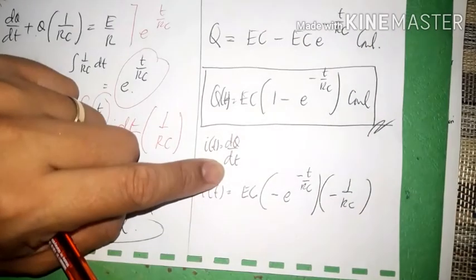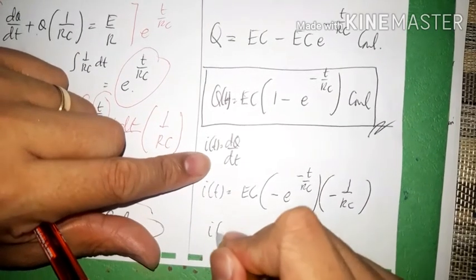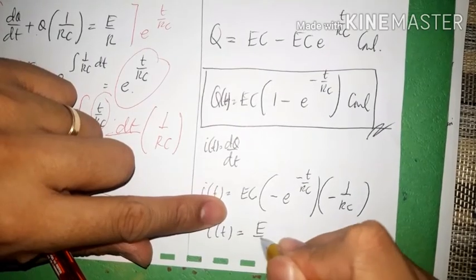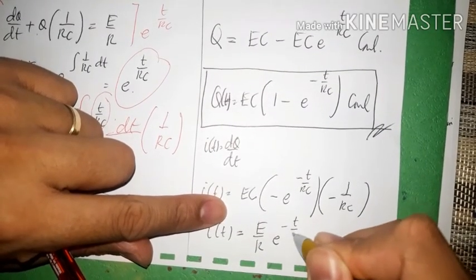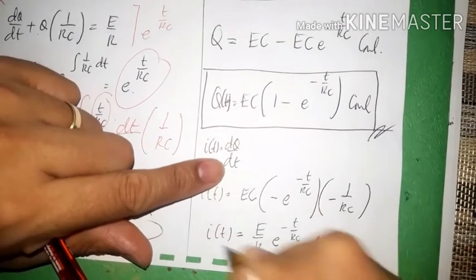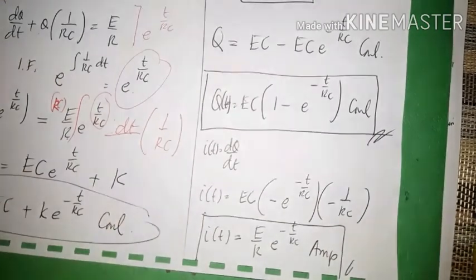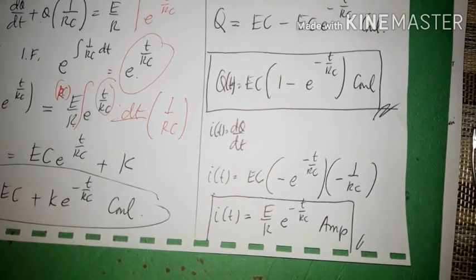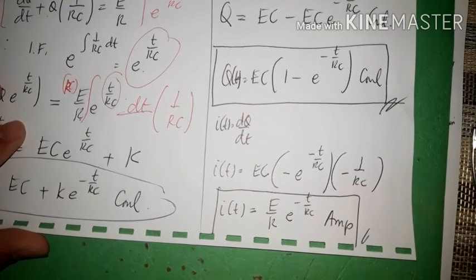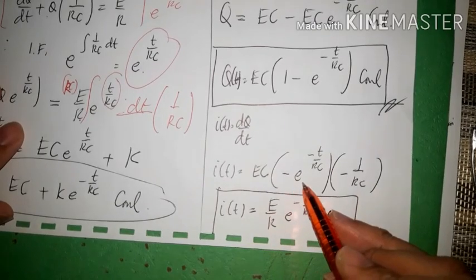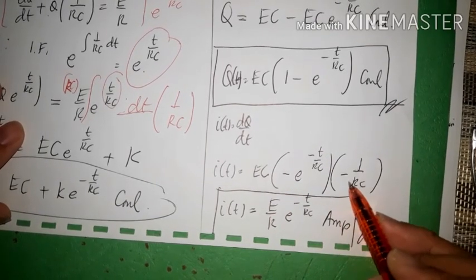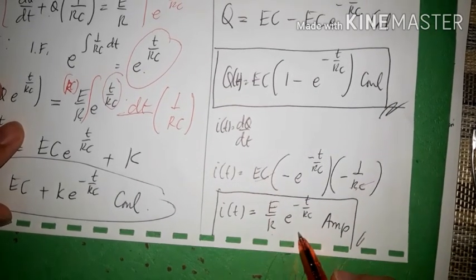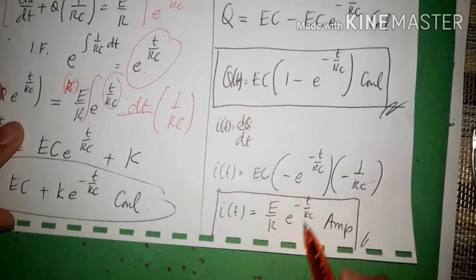So taking derivative with respect to t. Therefore, I of t is equal to E over R e to the negative t over RC ampere. So that must be our expression para sa current through the capacitor in that particular circuit. This is correct because C cancels out. So magiging E over R e to the negative t over RC because negative times negative is positive.